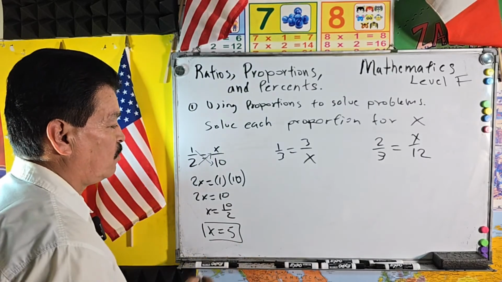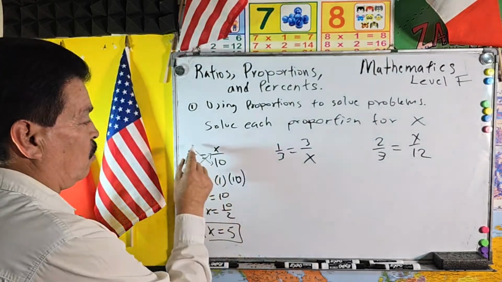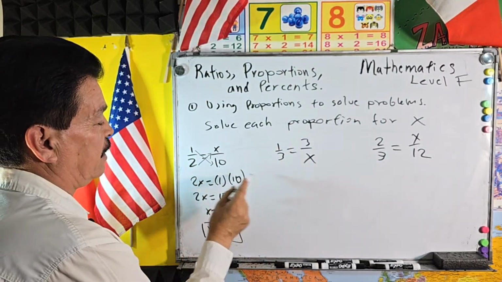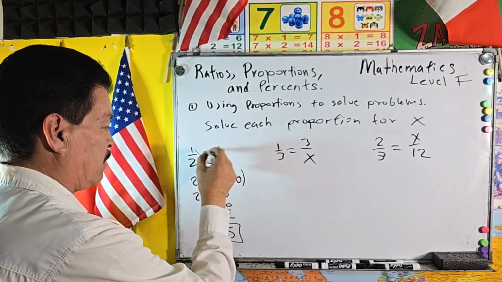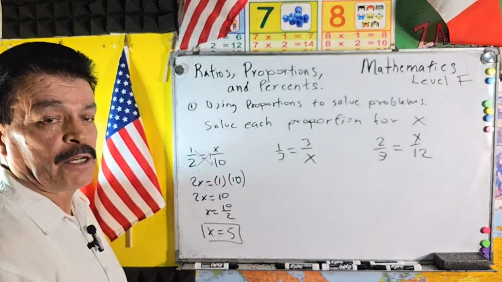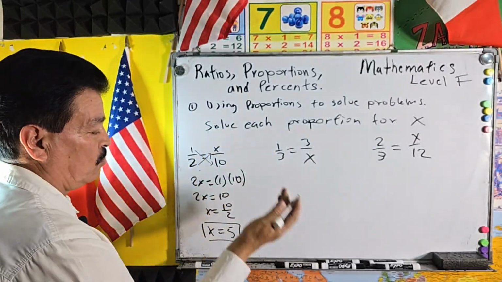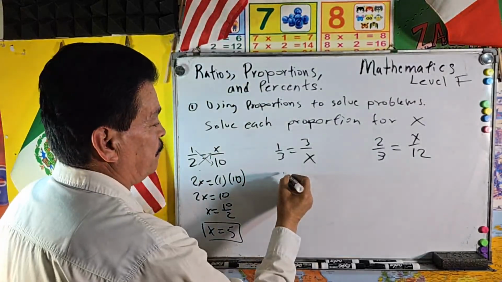That's the solution for the first problem. 1 times 10 is 10, and 2 times 5 is 10. So it is fine.